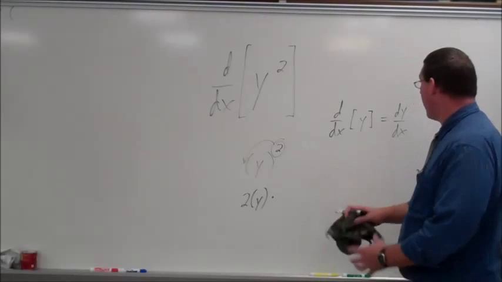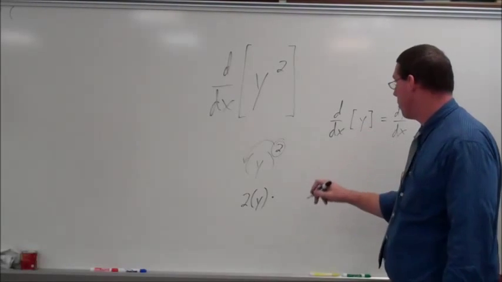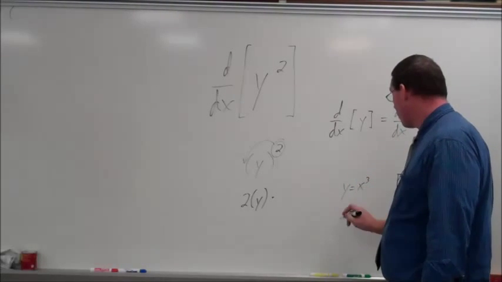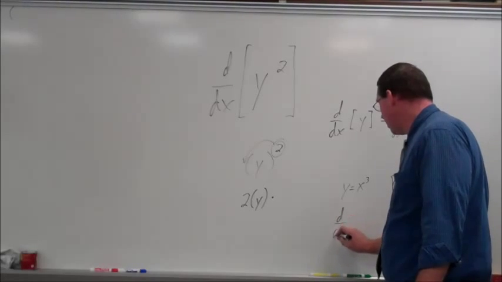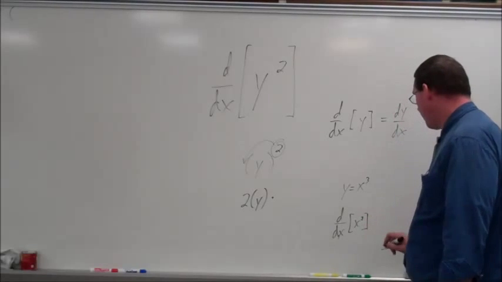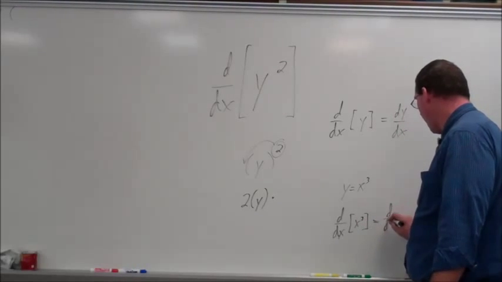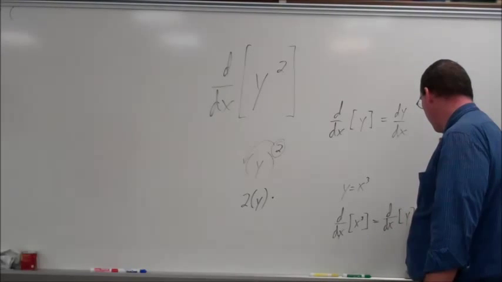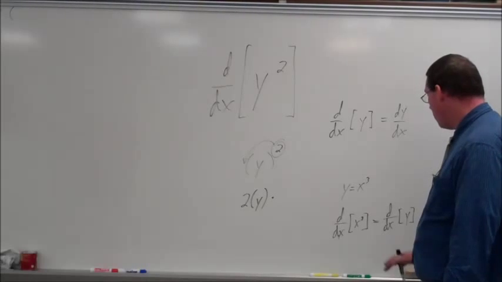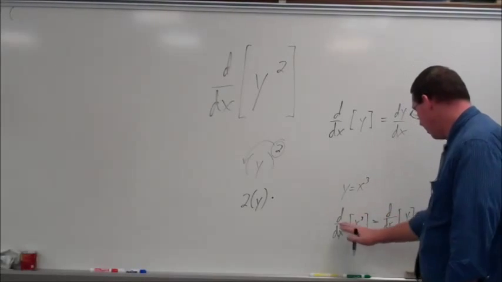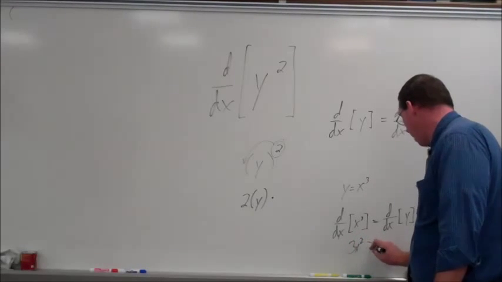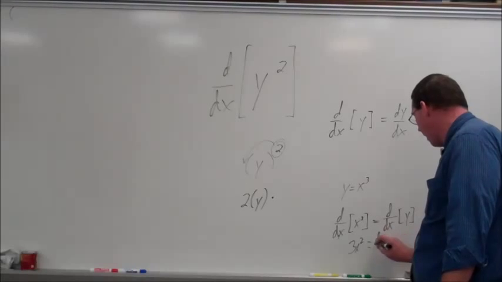And I have said that you can also, like, what if it was a case where you had y equals x to the third power? And I said, what's the derivative? If I say d dx of x cubed, that's the same thing as saying d dx of y, because x cubed and y are the same thing. And then we would write d dx of x cubed is 3x squared, and d dx of y is dy dx.